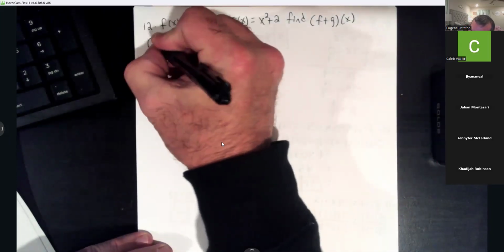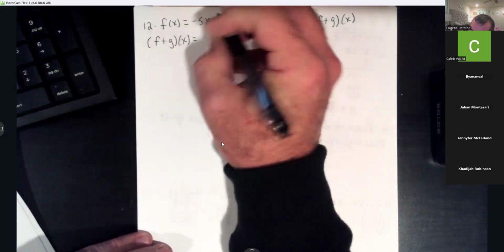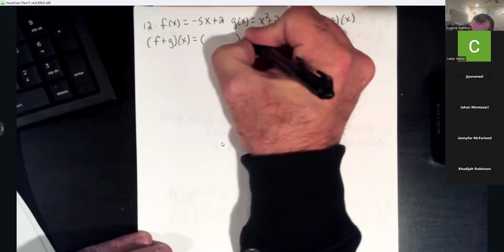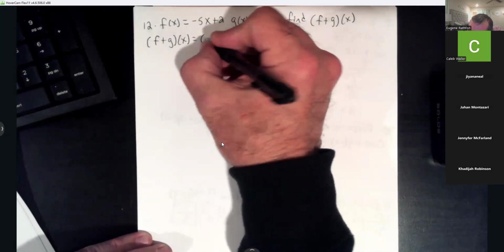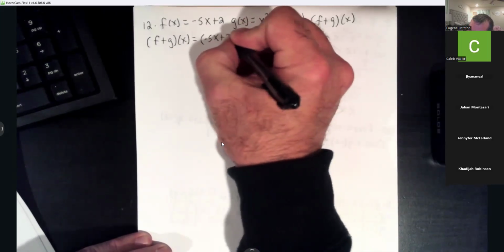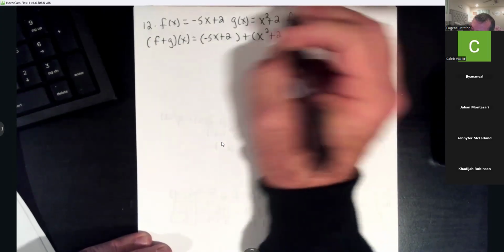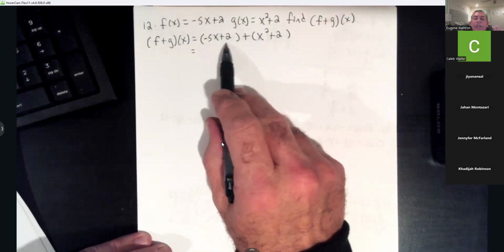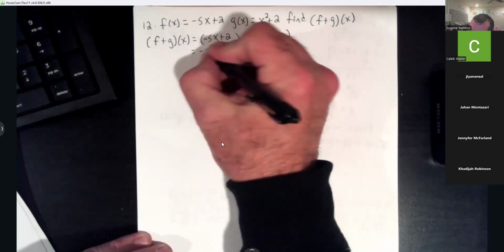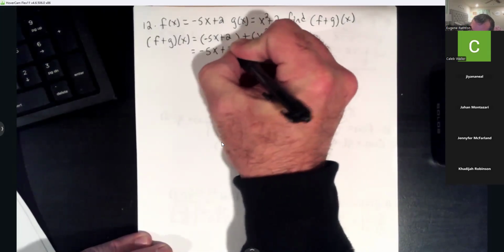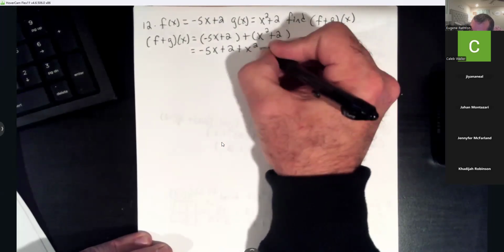So here we go. F plus g of x equals my f plus my g. F is negative 5x plus 2. G is x squared plus 2. Now, since we're adding, we can drop the parentheses and bring everything out.